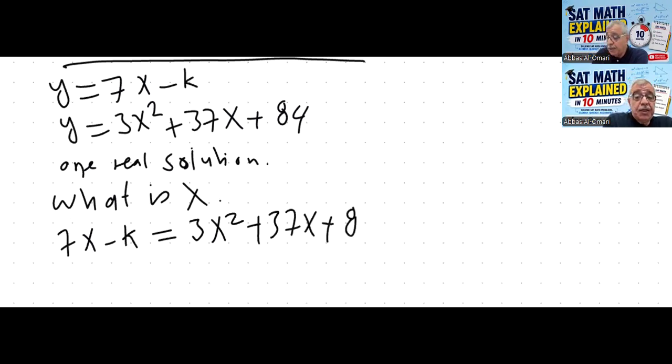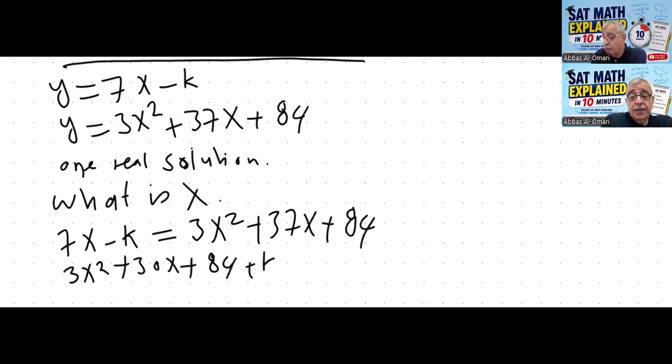Then we will have 3x squared plus, I subtract 7x from both sides, so plus 30x plus 84 plus k equals 0.